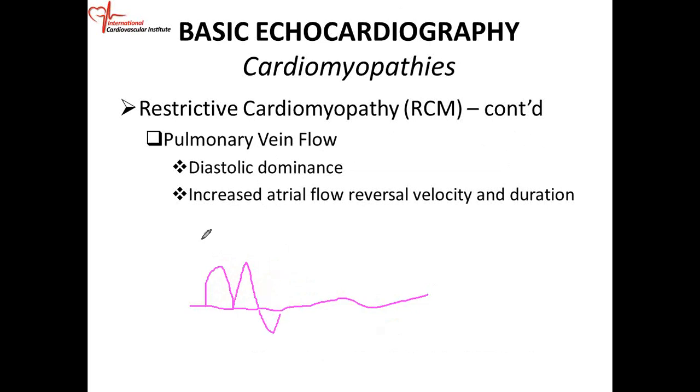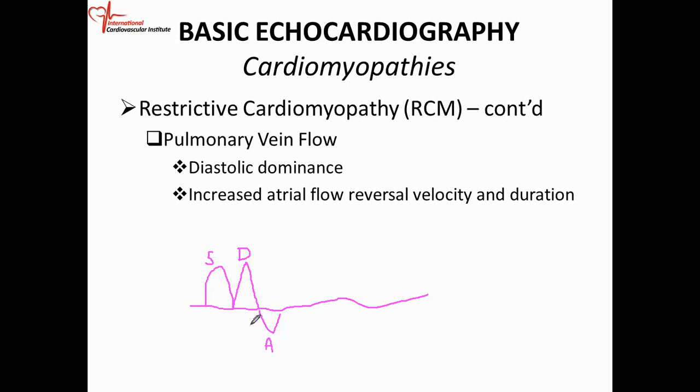The systolic component is usually larger than the diastolic component in a normal individual. This is your systolic component, this is your diastolic component, and this is your atrial reversal. Remember, we went over this in Doppler.